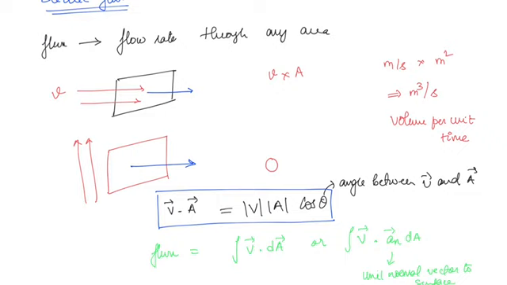So this is how in general you represent the flux when the vector is not uniform throughout the area.